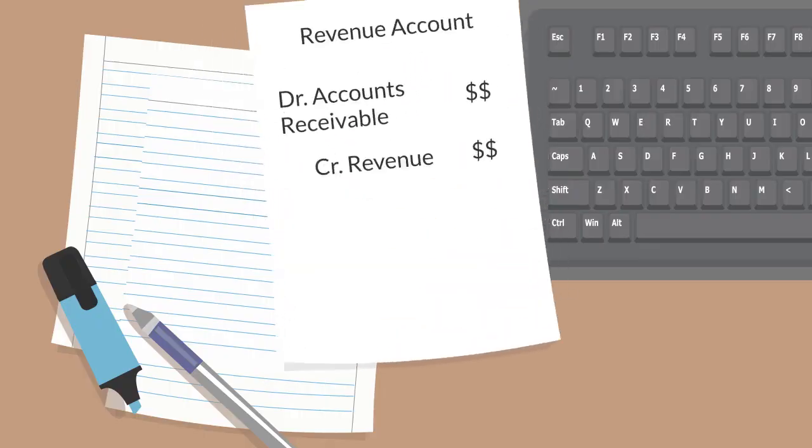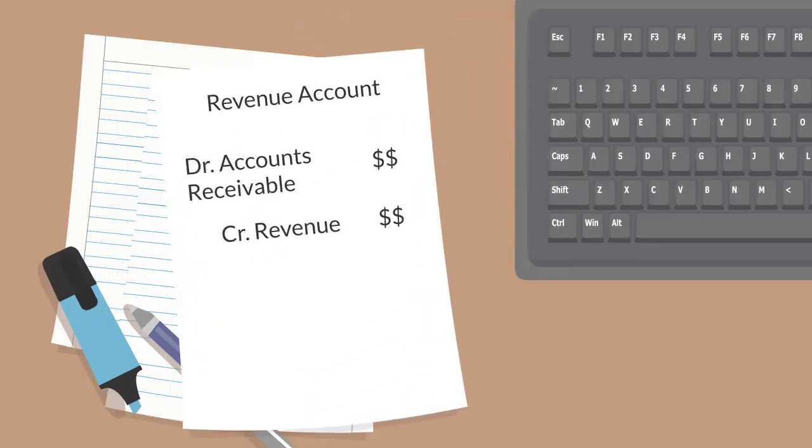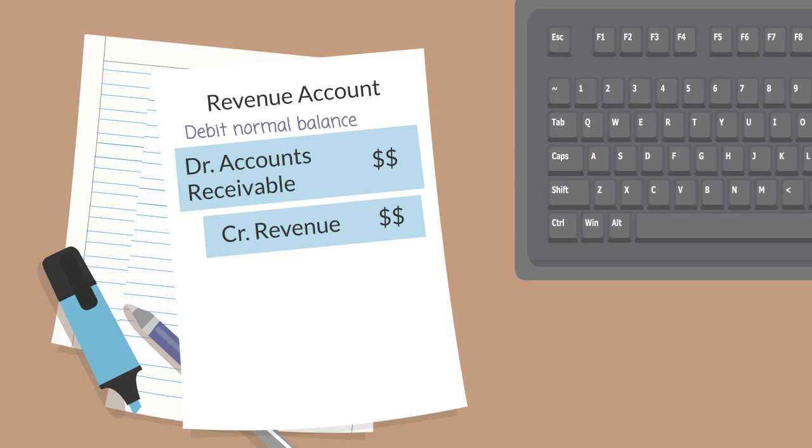When the service is performed or the goods are sold, the company can record the credit to revenue as they have earned it by doing their part. However, they debit accounts receivable instead of cash because they haven't gotten any cash for it. Accounts receivable is an asset account with a debit normal balance. In this case, accounts receivable is our temporary account.